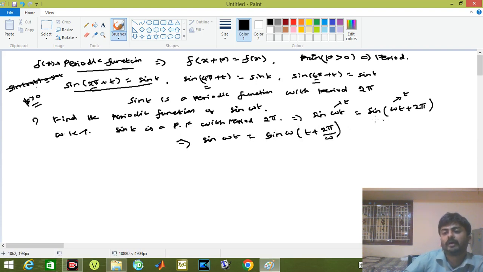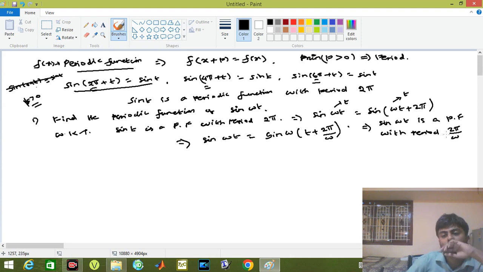Okay, we have taken omega commonly outside from this step. So this implies sine omega t is a periodic function with period 2 pi by omega. Because this is 2 pi by omega now, so t plus p means p is 2 pi by omega.